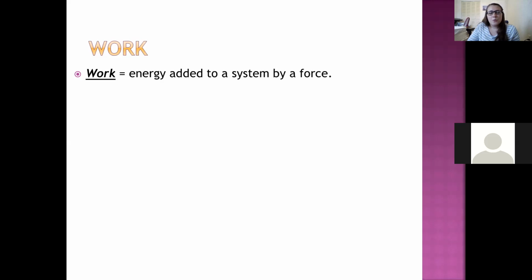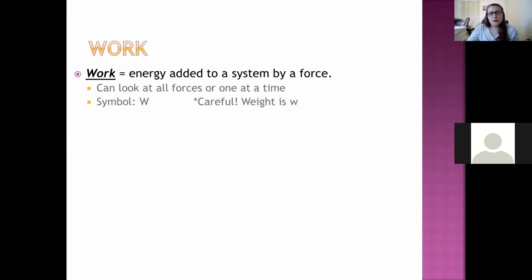Okay, so work is really the energy that's added to a system by some force. And we can think about this in terms of just one force at a time or all of the forces that are acting on a particular object at that time. So the symbol for work is capital W, and we have to be careful because the symbol for weight or force of gravity is sometimes lowercase w. So just be aware of that.